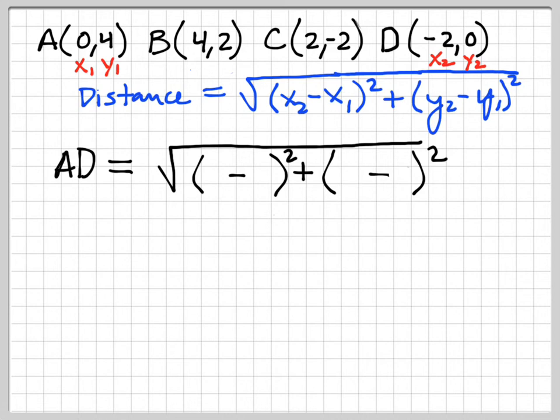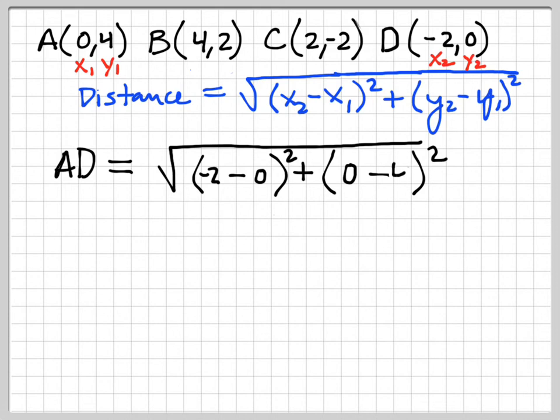Okay, so AD, my x2 this time is negative 2 minus 0, and y2 is 0. When I subtract a negative, make sure this turns into plus. Oops, never mind, that wasn't a negative.